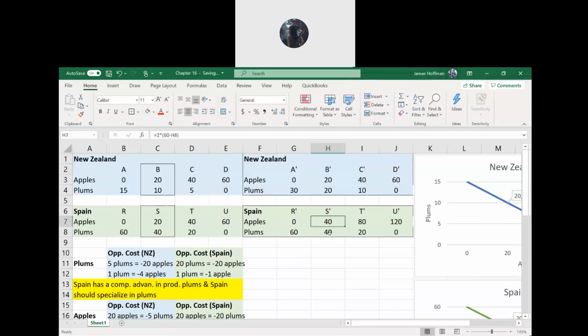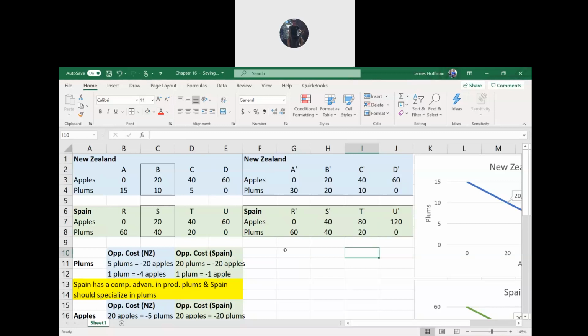They traded the other 20, and 20 times 2 is 40. Here they kept 20, and they traded the other 40. 40 times 2 is 80. And here they traded all of them, and 60 times 2 is 120. All right. So you don't have to do the formula or the Excel version, but I think it makes it a little easier if you can do the formula and confirm that it makes sense.